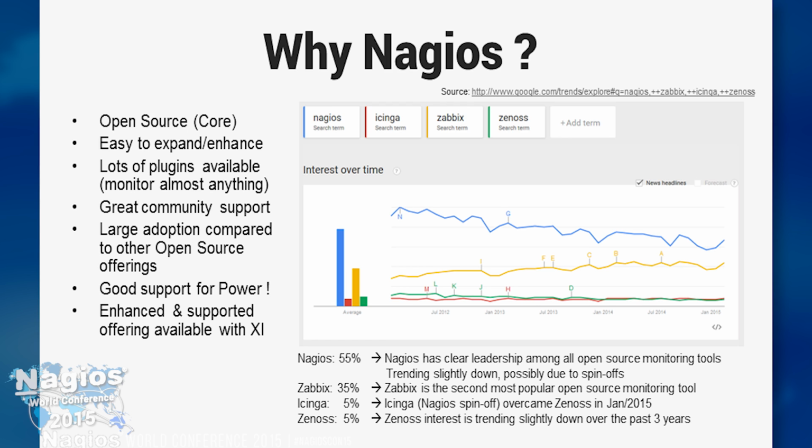And also we had other research data to look at, but mostly the reason for the decision was that Nagios already had an established community. It is open source, and it has a path to a commercial solution that the customers can buy, and they have support for it and everything.